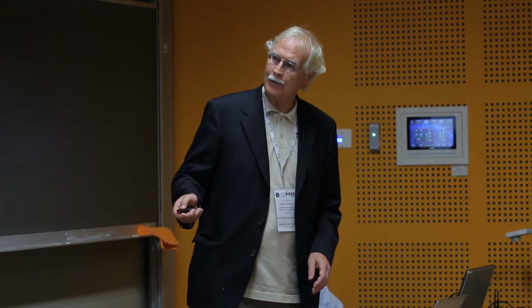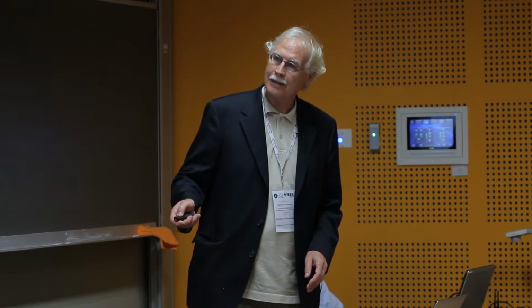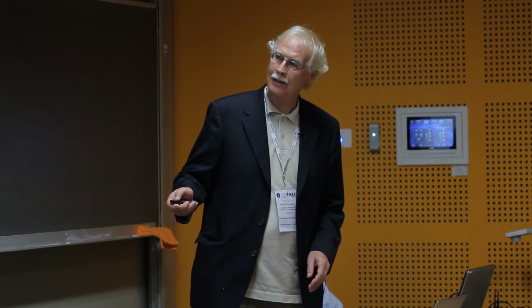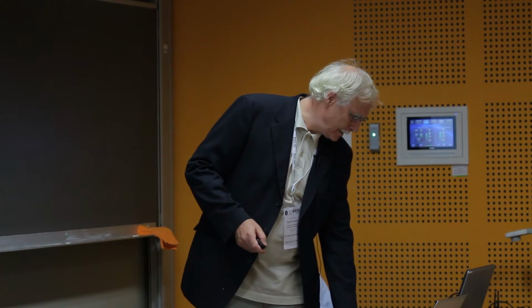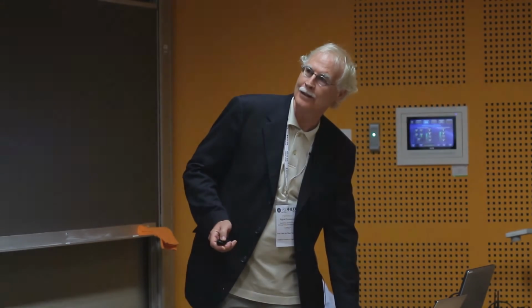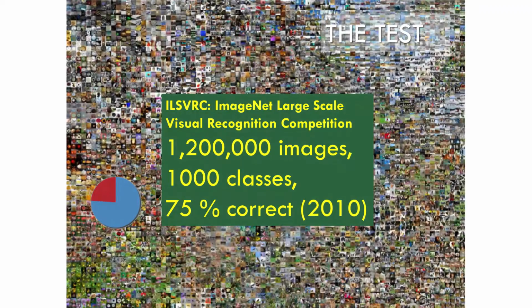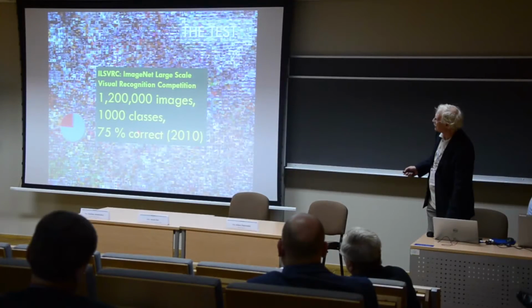And then you put them in a neural network. And these networks we had for decades, a 3-layer network, but actually they didn't work so well. It was only 75%. And then we get this ImageNet large-scale visual recognition competition, 1.2 million images, 1,000 classes.